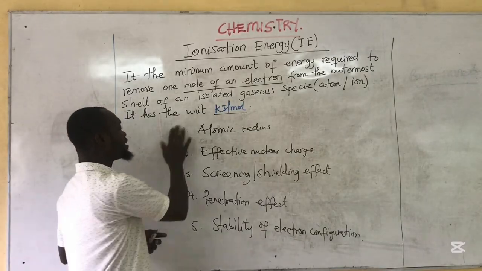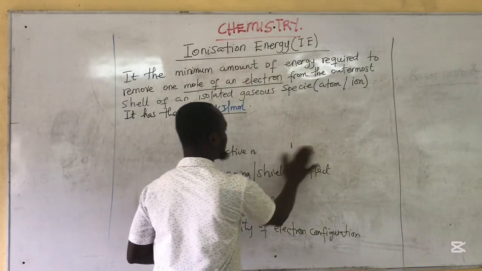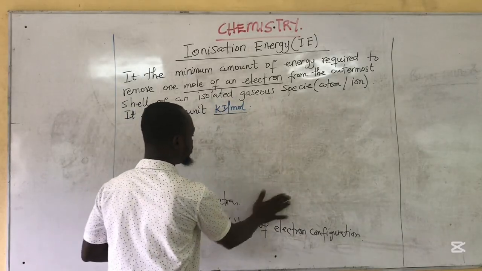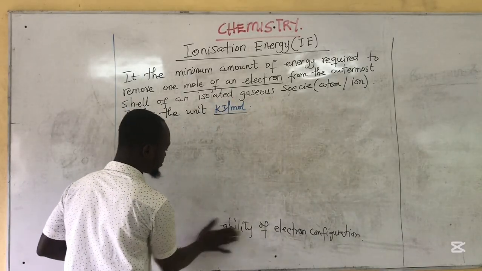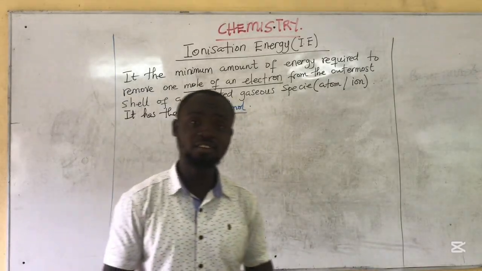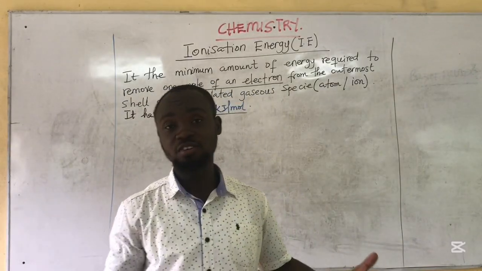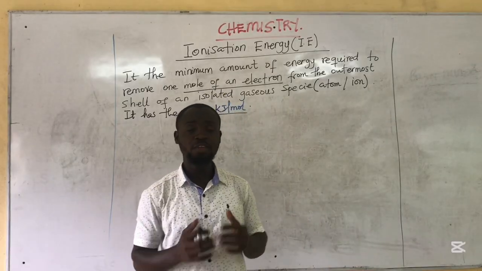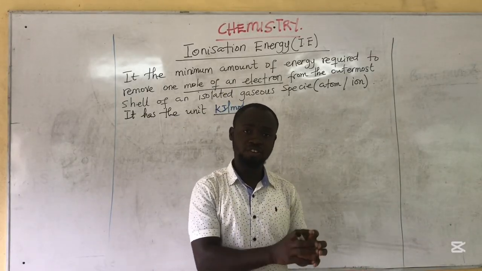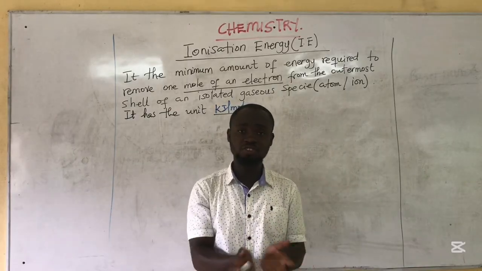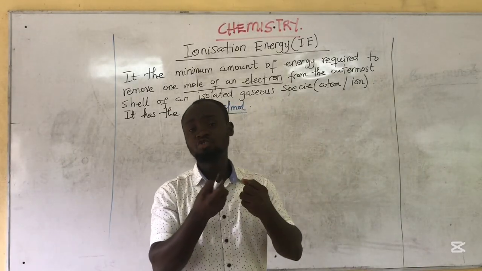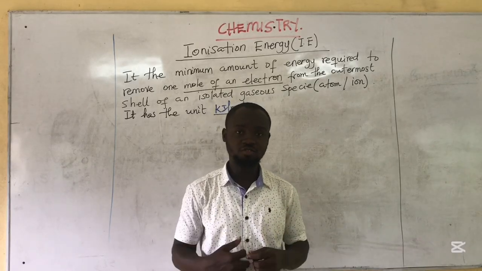Now, another thing is that they can ask you to explain the concept of ionization energy using relevant equations. So we know that in ionization energy, there is a removal of an electron from a species, starting from its outermost shell. And we need a certain energy to remove that electron.